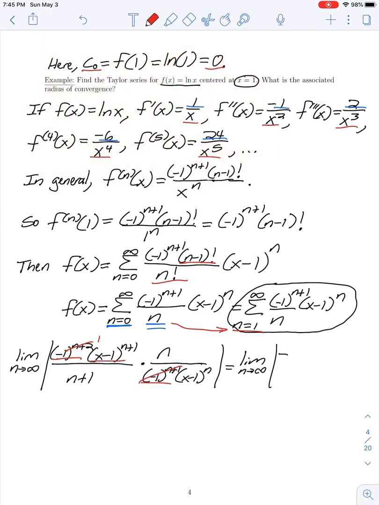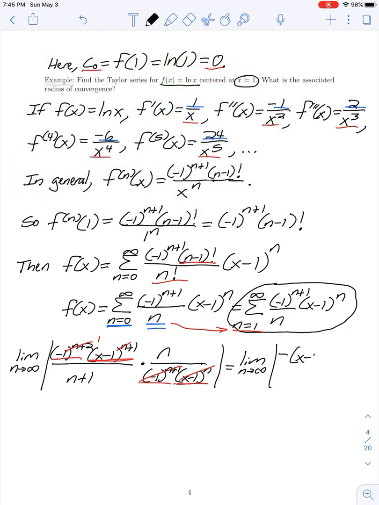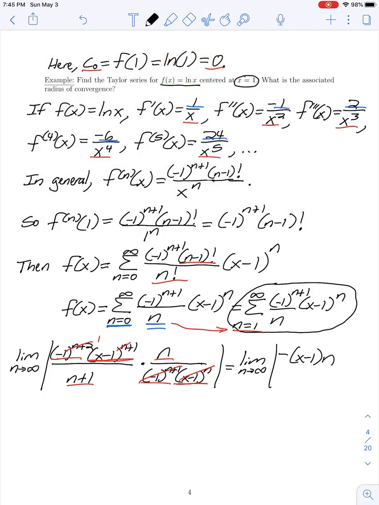For our x minus 1 to the n plus 1 over x minus 1 to the nth, we cancel n powers, and we're left with x minus 1 to the first in our numerator. And then the remaining terms, n divided by n plus 1, don't simplify, so we have an n in the numerator, n plus 1 in the denominator.